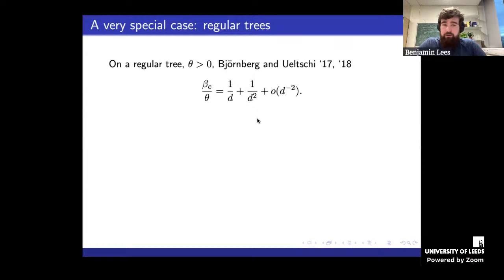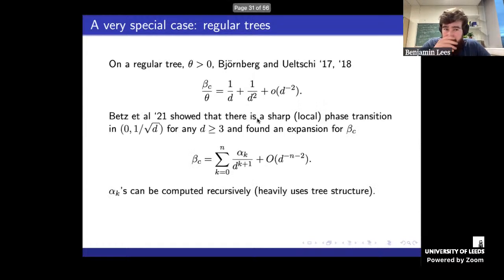So we know what the critical beta should look like. And there's even a way to prove that there's a sharp local phase transition for any d greater than or equal to 3. In fact, we can get an expansion for the critical beta in terms of some alpha k's that we can compute recursively and get upper and lower bounds for any d greater than or equal to 3.